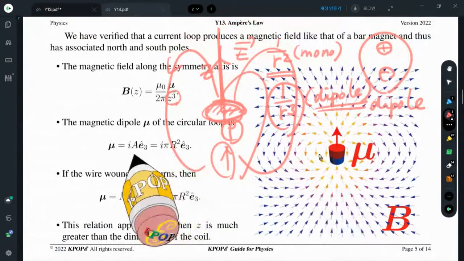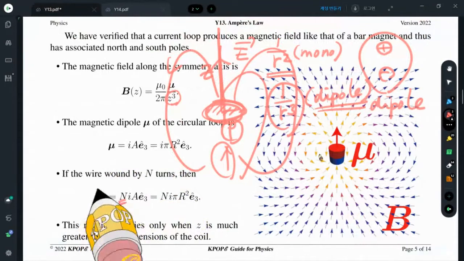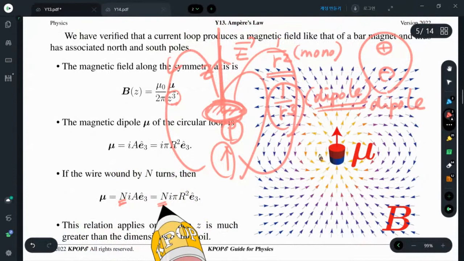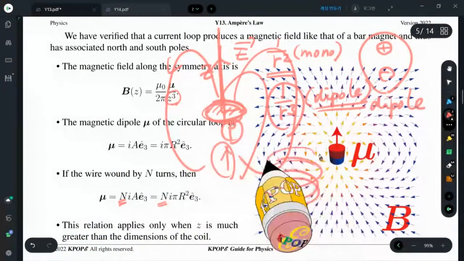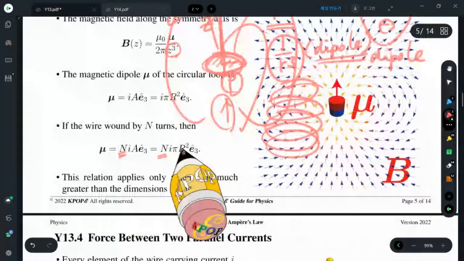If you have additional turns, then the magnitude of the dipole is linearly increased by the number of turns. Single turn, double turn, many turns, your dipole will be increasing.